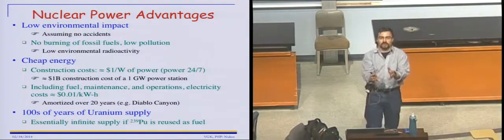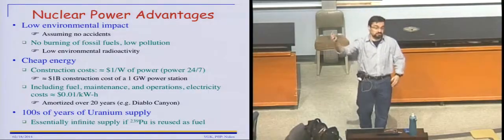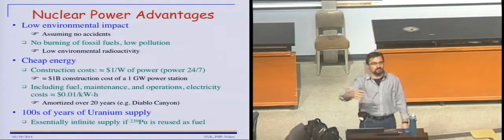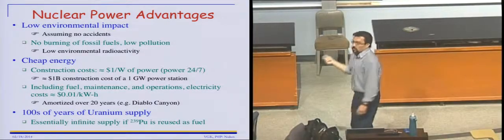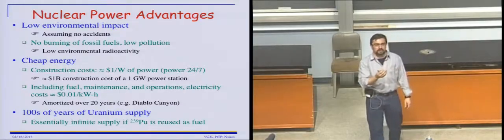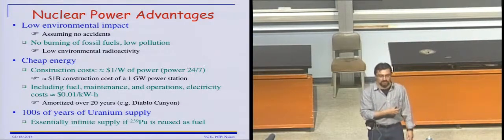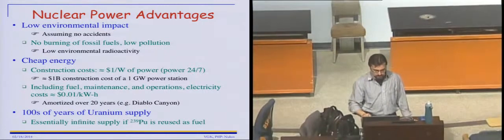If you keep all of the radiation inside the nuclear reactor, there's no harm to the environment. The output is steam, output is water. In particular, no carbon dioxide, no irritants and pollutants that plague China, which burns a lot of coal. So relatively low environmental impact.